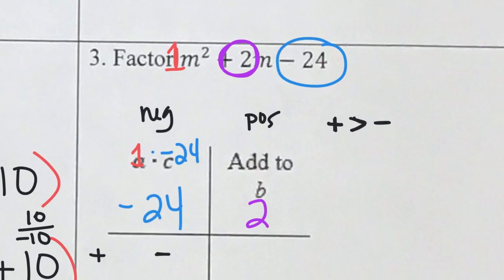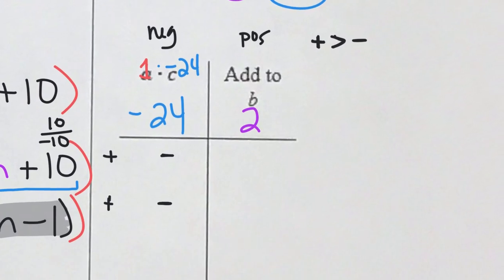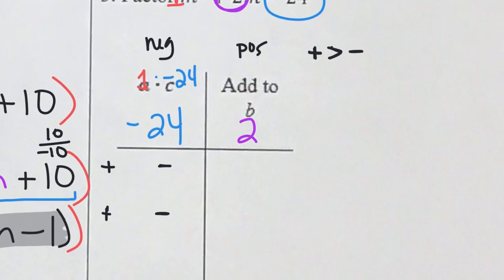So let's think about all the numbers that multiply to give us 24, where the larger number is going to be positive. Okay, so that's 24 and 1. That's 12 and 2. That's 8 and 3. And that's 6 and 4. Right, those are all the numbers that multiply to give me 24, with the larger number being positive.